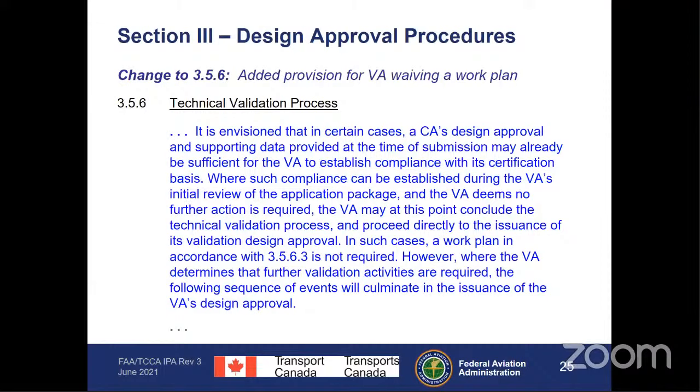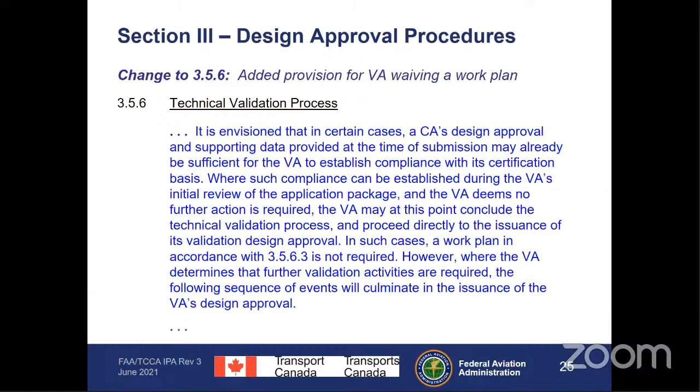Okay, the technical validation process. So again, there's lots of words here, and I mentioned earlier about the necessity for a work plan, and in 3.5.6, as part of the validation process, we introduced some flexibility for the validating authority to actually waive the formality of a work plan.